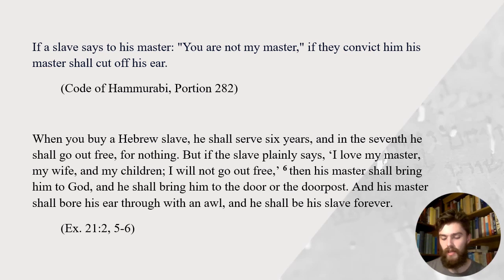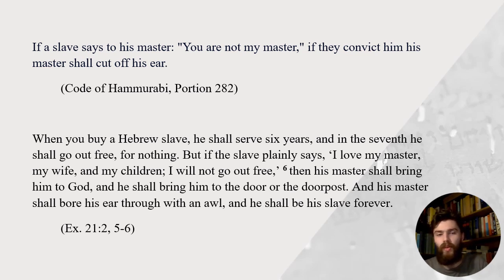And so the idea that you will only keep him for 6 years and on the 7th he shall go free comes from the theology of creation, the theology of the Sabbath, the theology of the Jubilee, that on the 7th, and the number 7, there is restitution made and freedom given. And that's just not the case in the Code of Hammurabi. It's assumed that slavery is permanent there.